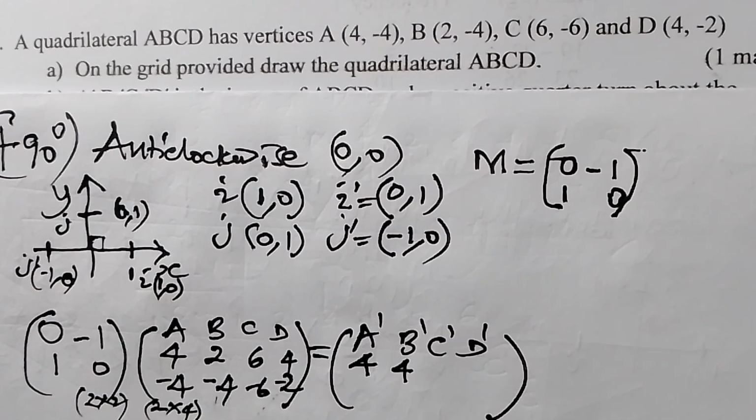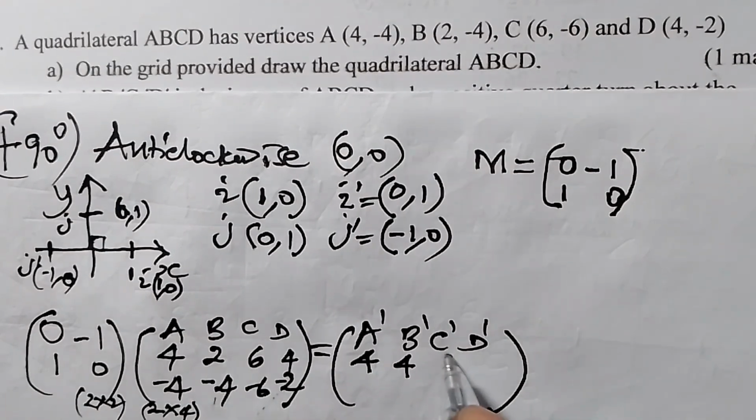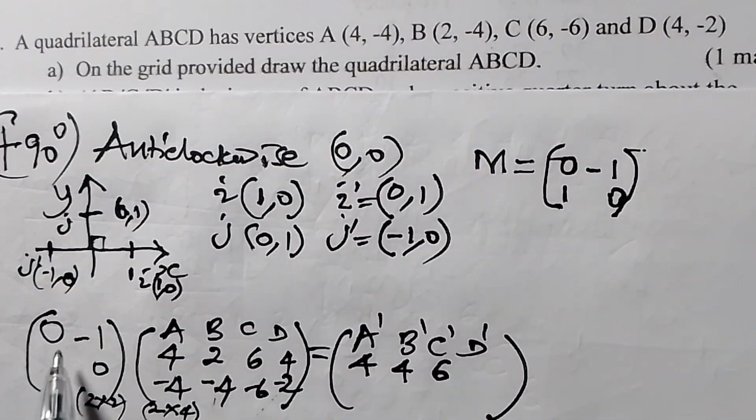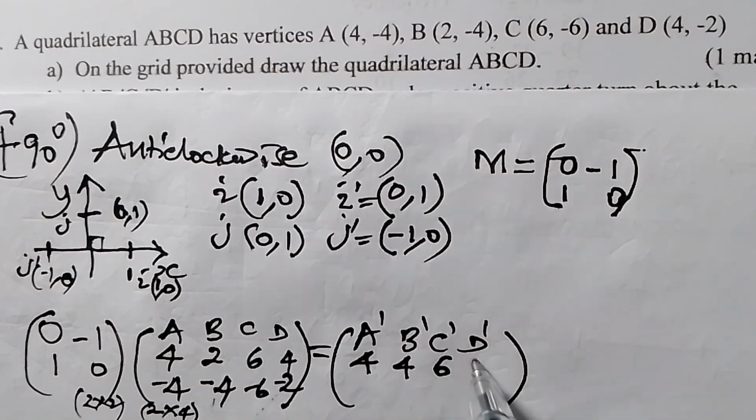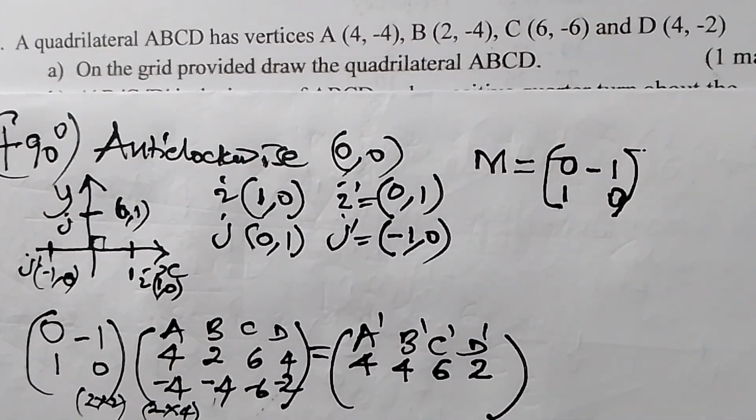And then 0 times 6, 0, negative 1 times negative 6, 6, 6 plus 0, that gives you 6. 0 times 4, 0, negative 1 times negative 2, 2, so 2 plus 0 gives you 2.